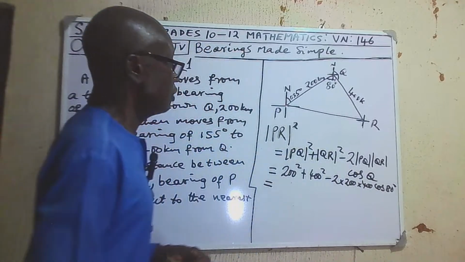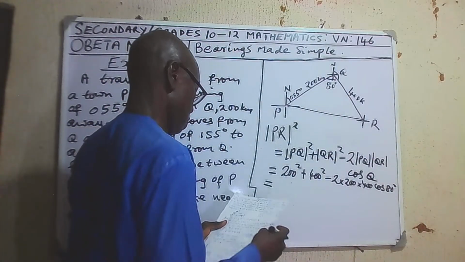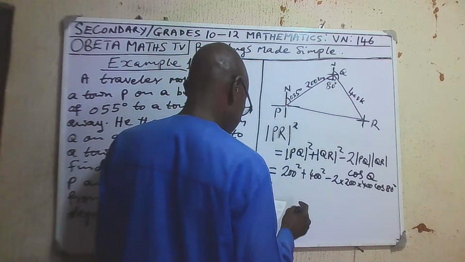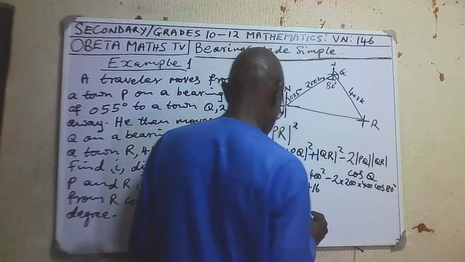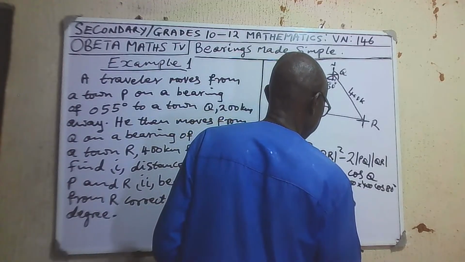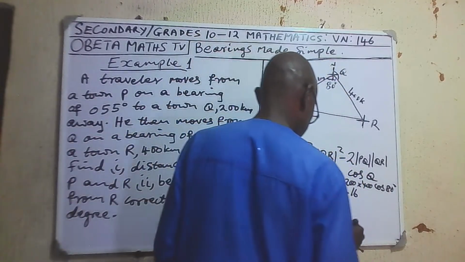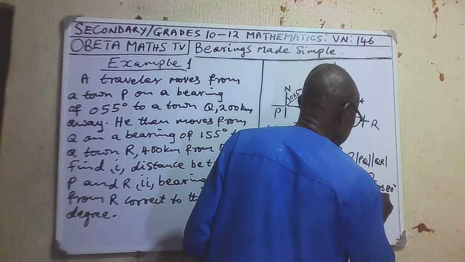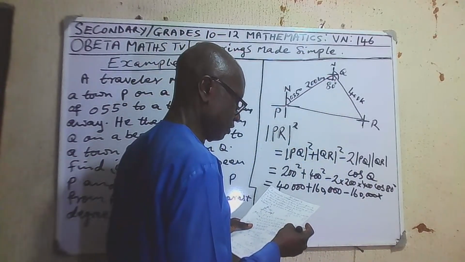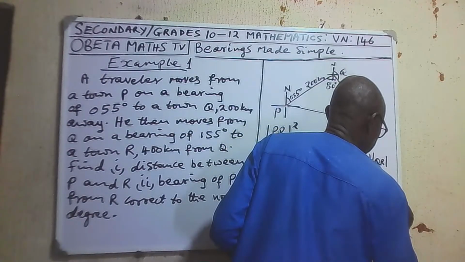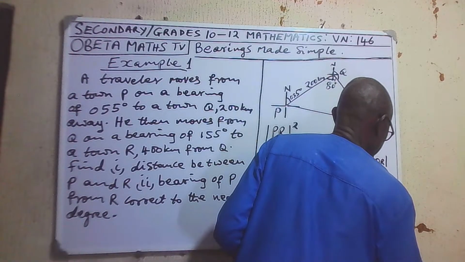And then you check your calculator, and checking calculator we have 40,000 plus 160,000 minus 160,000 multiplied by cos 80. That is 0.1736, times 0.1736.